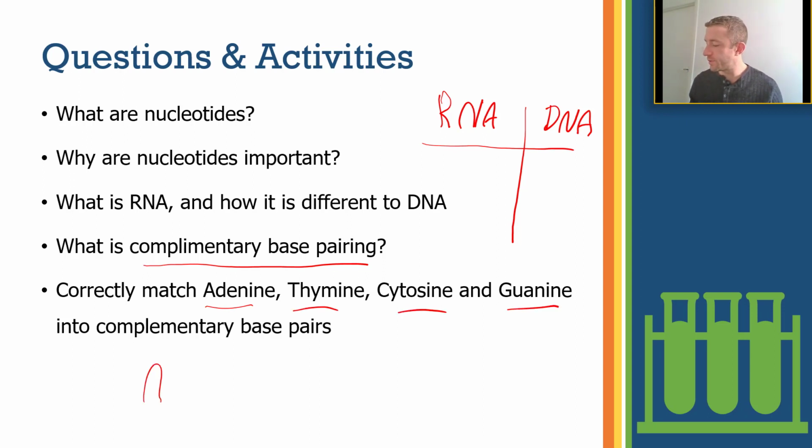So I want you to remember that A bonds with T, C bonds with G, for our DNA. Remember we've got an RNA molecule in here now with one different base, uracil, replacing thymine. That's one of the differences. So if you can get through all of those questions, then you've achieved the learning objectives for this video.